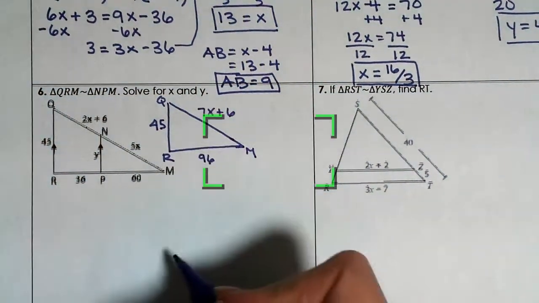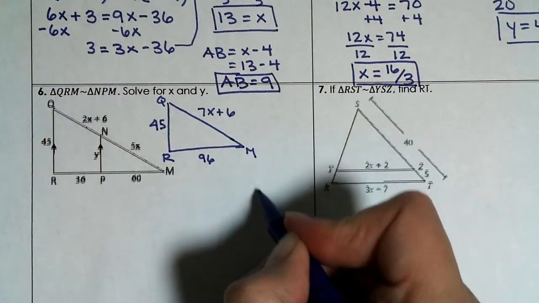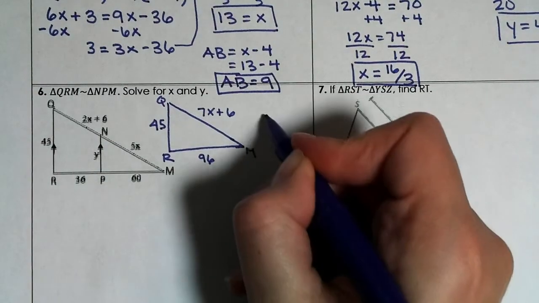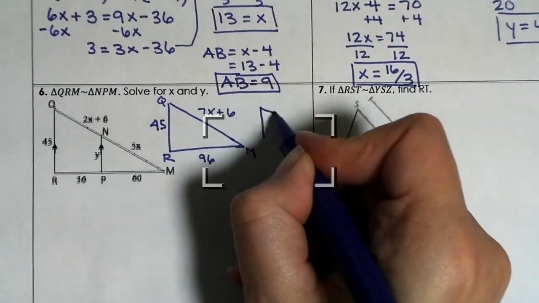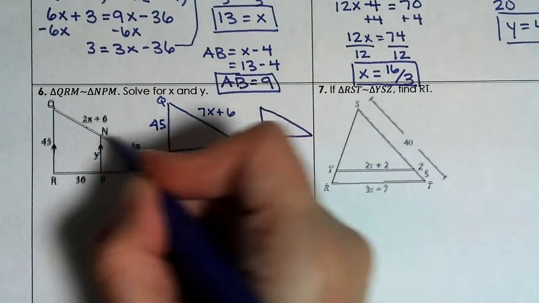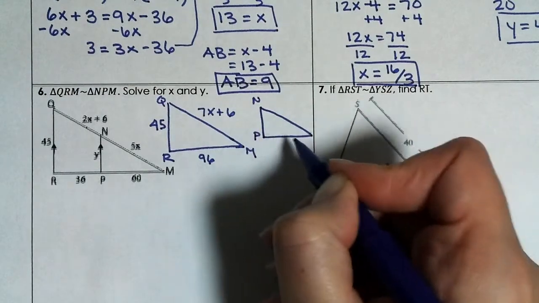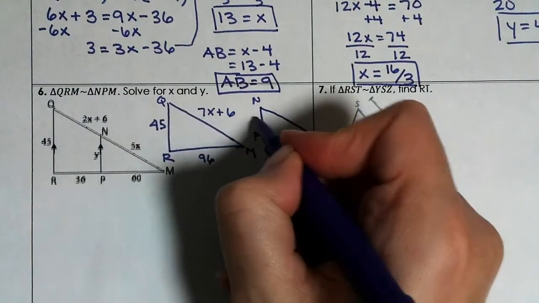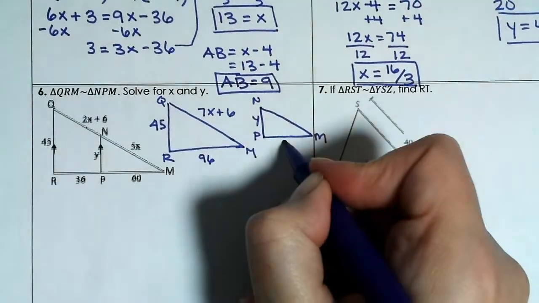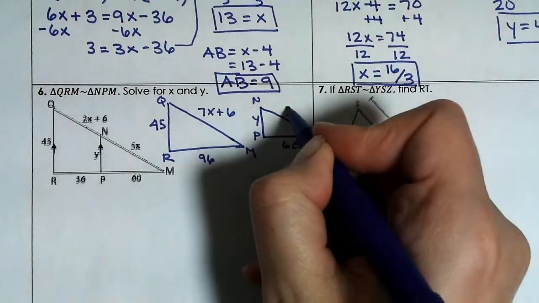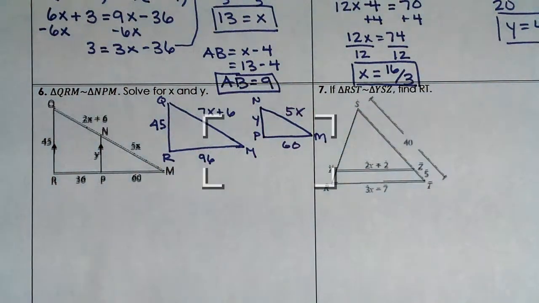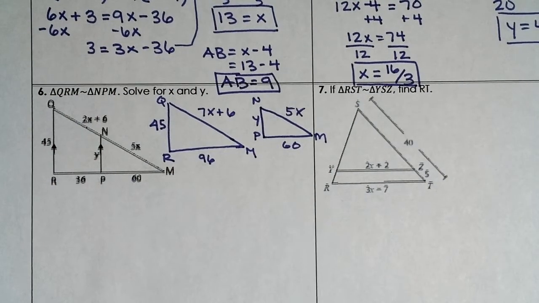My smaller triangle, draw it in right here, I'll squeeze it in, which is NPM. I've got y, 60, and 5x. So now that you have them separate, it might help to match up your corresponding sides.